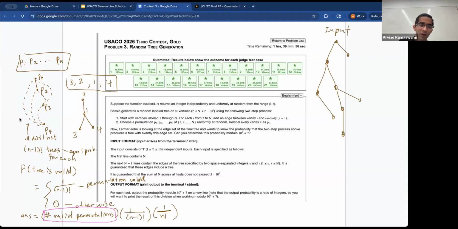An example of a valid permutation is maybe we pick P1 to be this, and then P2 to be this one, and then P3 to be this one, and then P4 to be here, and then P5 here. The key thing is that when we're setting the new element, we're making it adjacent to one of the earlier elements, right?